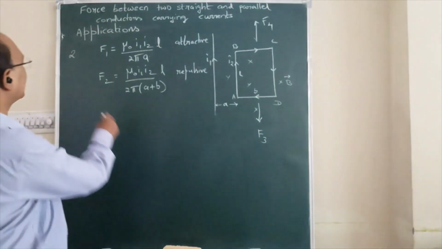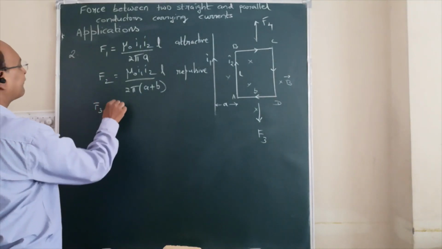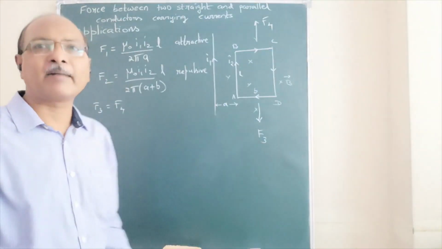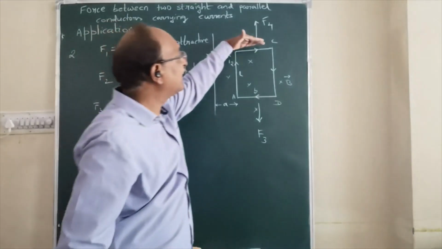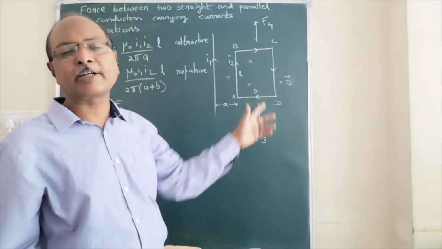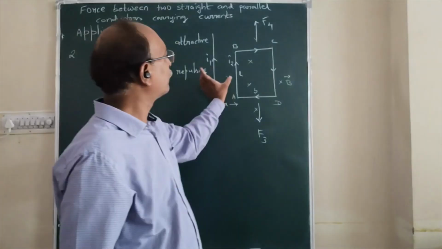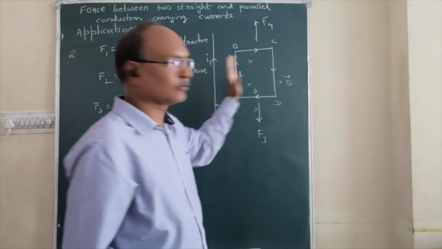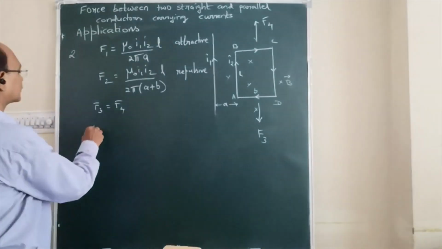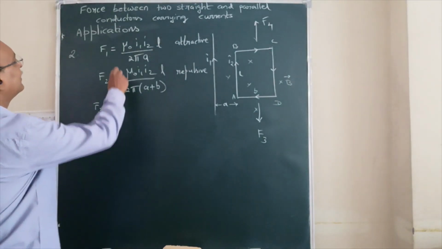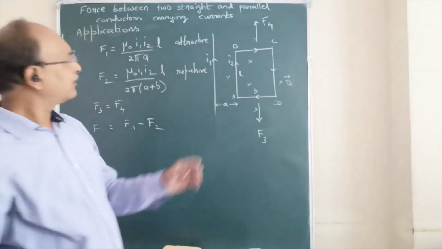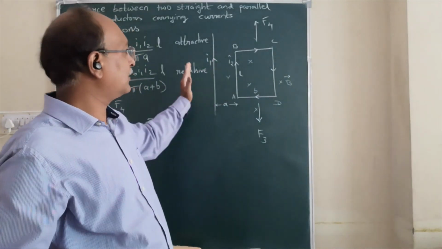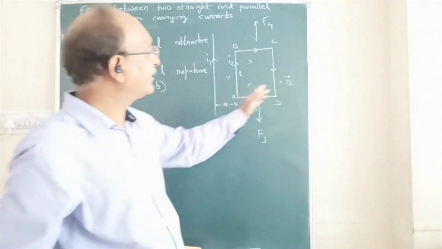So the forces F3, F4 are equal in magnitude and opposite in direction, so they will cancel each other. You have to consider only the force between these two and also these two. So the net force will be F1 minus F2. Here the wire AB is closer to the wire than this one.